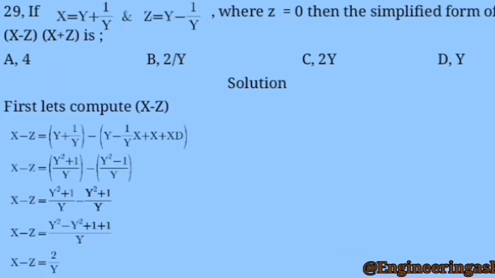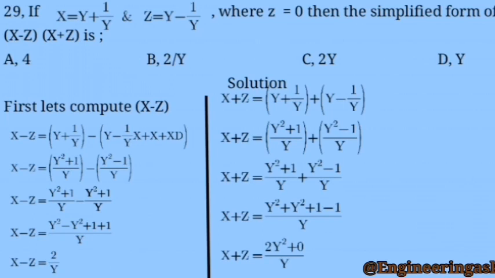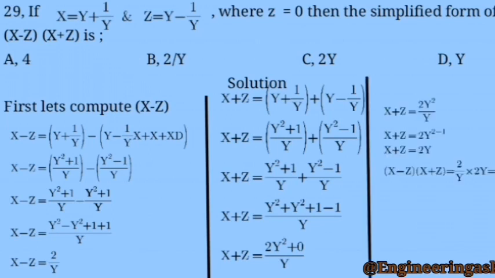Okay, then x minus z equals y plus 1 over y minus y minus 1 over y. Then we will have x minus z equals 2 over y. And also x plus z equals y plus 1 over y plus y minus 1 over y. And finally, x plus z equals 2y square over y.